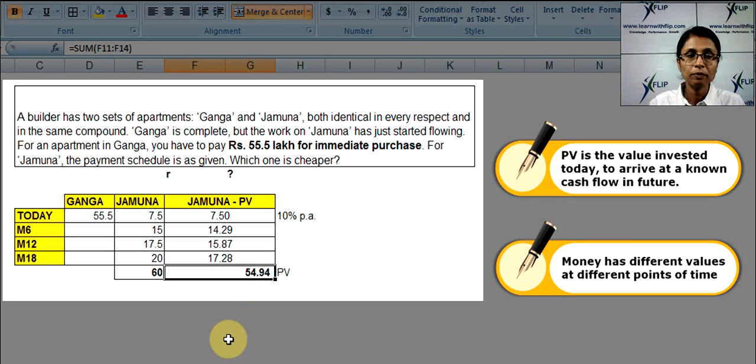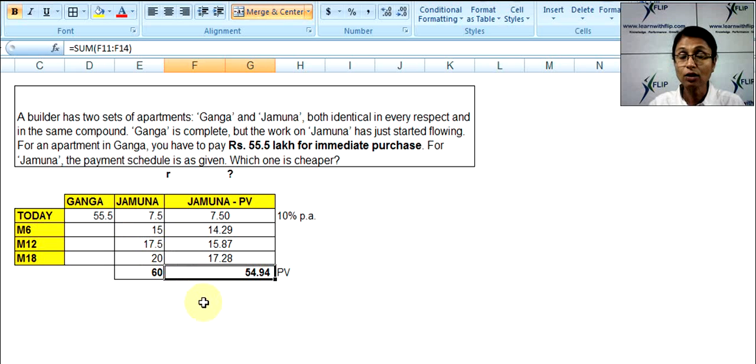So when you have cash flows at different points of time and you're comparing them, you need to bring all the cash flows to the present, a process which is called discounting, and you need to use an appropriate rate which is called the discount rate. And the next concept we will talk about therefore is a concept called net present value or NPV.